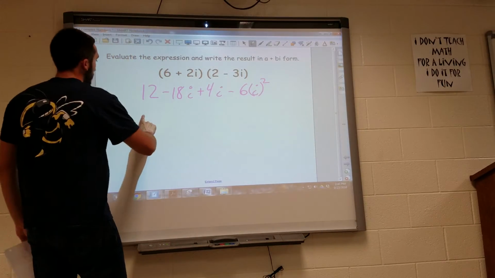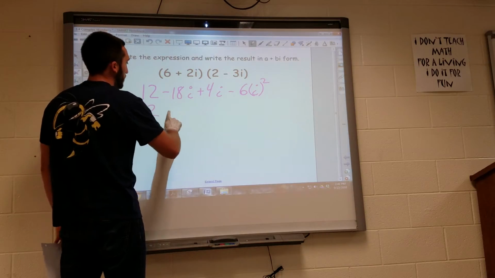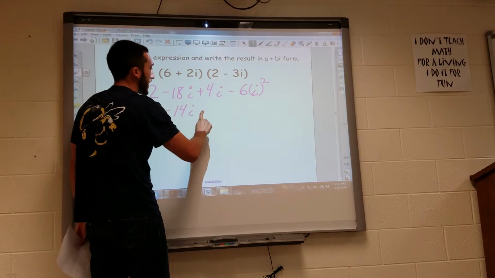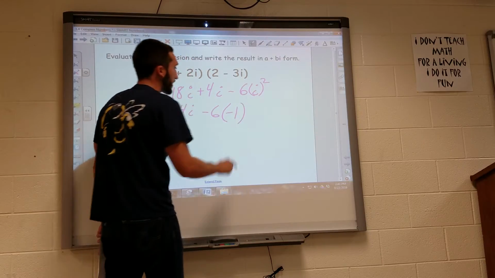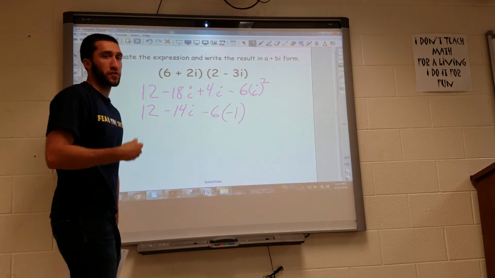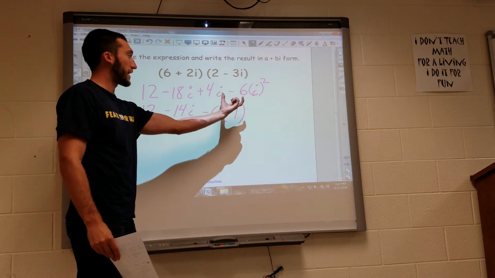So let's simplify a little bit further. 12, and then a -18i, a positive 4i gives me a -14i. And then this was a -6, but the i squared turned into a -1. So whenever our i's are squared, or to the 4th, or to the 6th, they're always going to come out with -1.